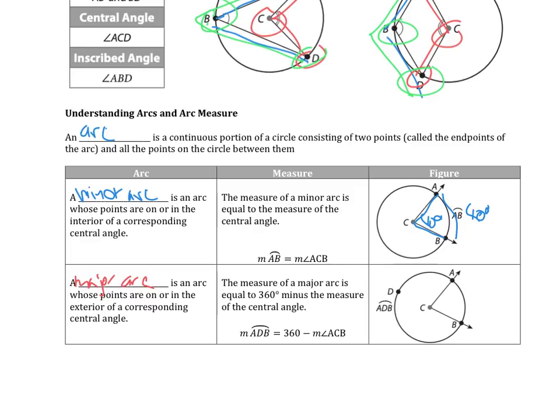So the measure of a major arc is equal to 360 minus the measure of that central angle. So we said this was 40. So our major arc is this portion out here. So it'd be 360 minus 40, which is 320. So remember, minor is the smaller of the two arcs, and major is the bigger of the two arcs.